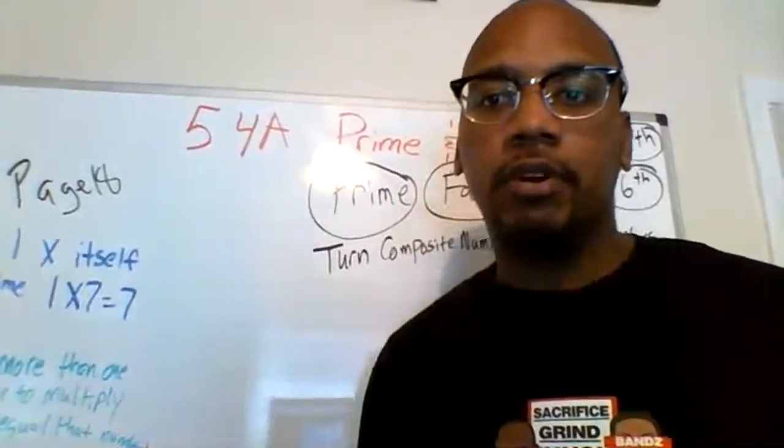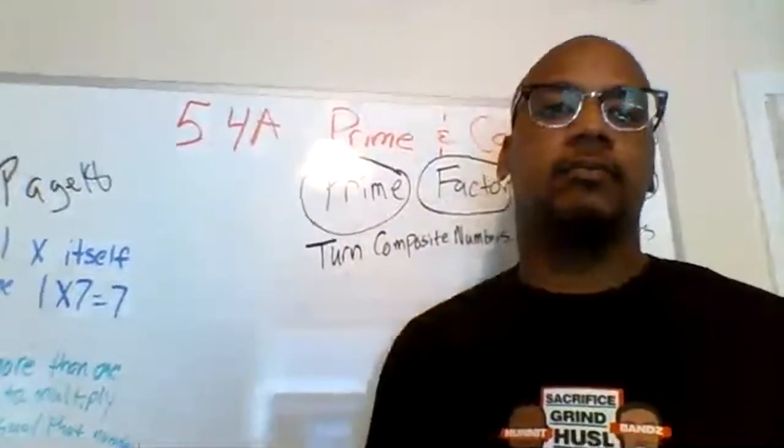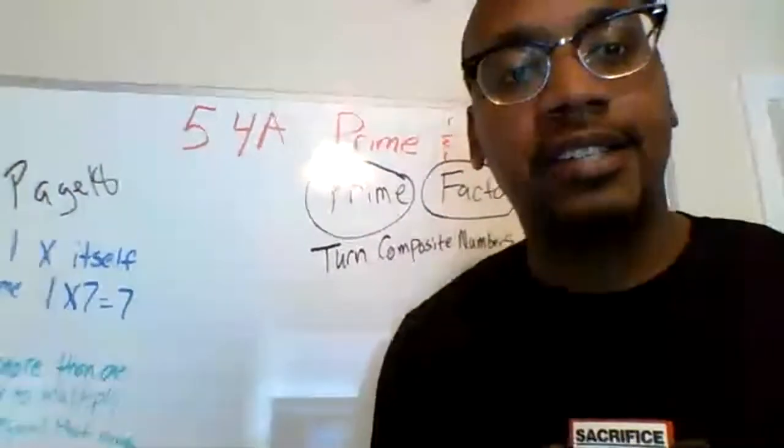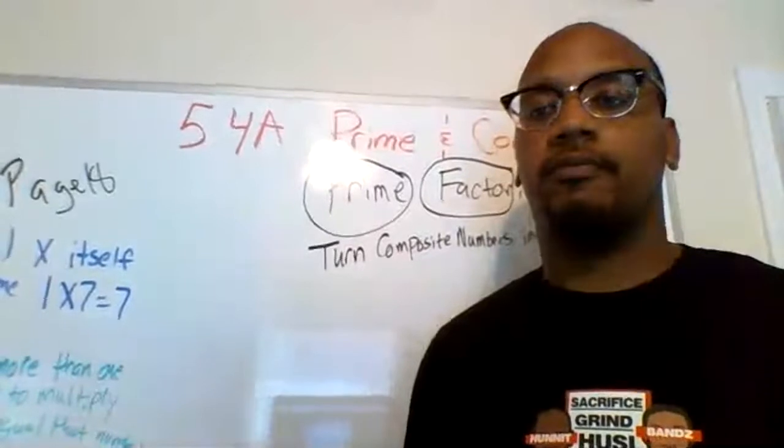Natalie, give me a number. Type in a number, Natalie. Any number. Or make sure it's a composite number. Give me a big composite number.